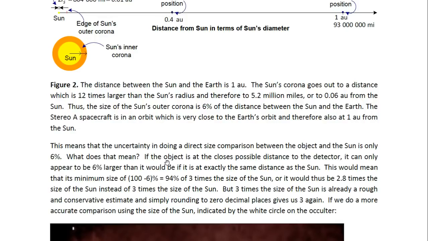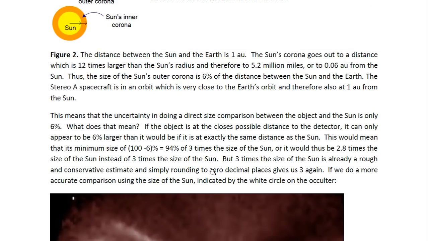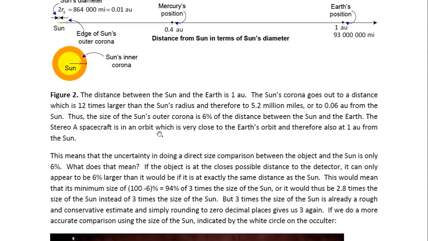So what does that mean? It means that if the object is at the closest possible distance to the detector, it can only appear to be 6% larger than it would be if it was exactly at the same distance as the Sun. So if it's side by side with the Sun, then a size comparison would be exact.